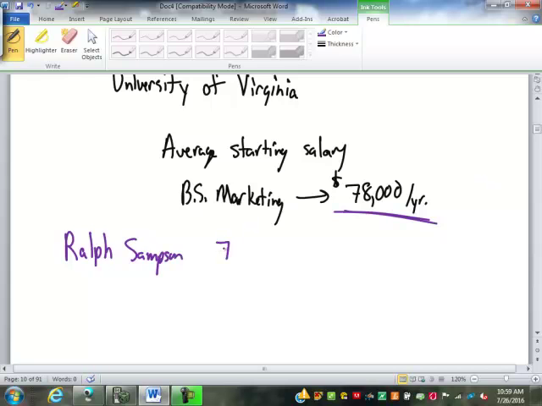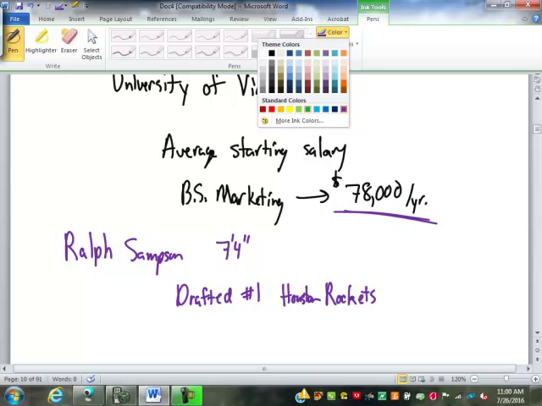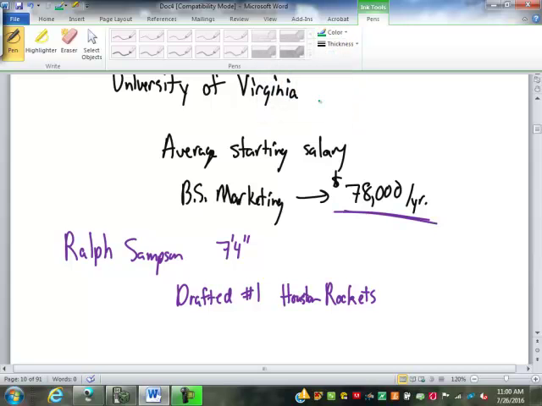Mr. Sampson was 7 foot 4 inches tall, played on the Virginia basketball team, was twice named the NCAA Basketball Player of the Year, drafted #1 overall by the Houston Rockets. Do you think he made $78,000 that year? No, anybody want to guess? It was in the millions, somewhere around $8 million, I think, is what he made.